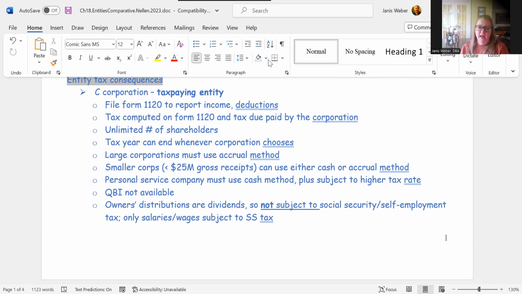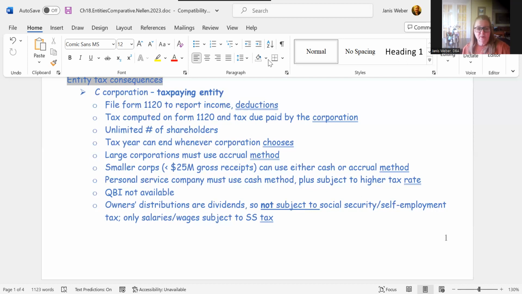And in the past, we have had to deal with that. If there's income left in the C corporation and it's like a law firm or an accounting firm or an architectural firm, then anything left in the corporation and not paid out as salary to those people doing the personal services would be taxed at the highest corporate rate.